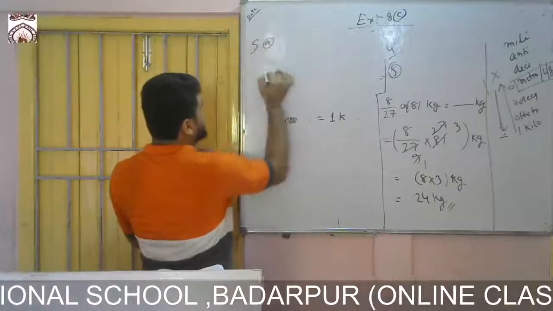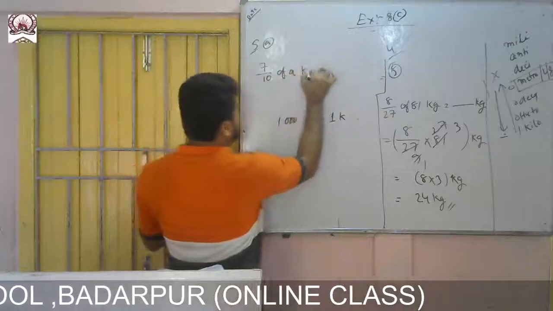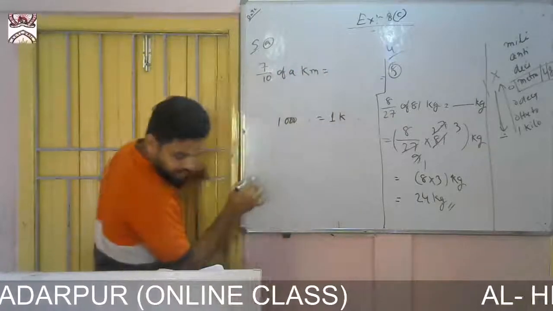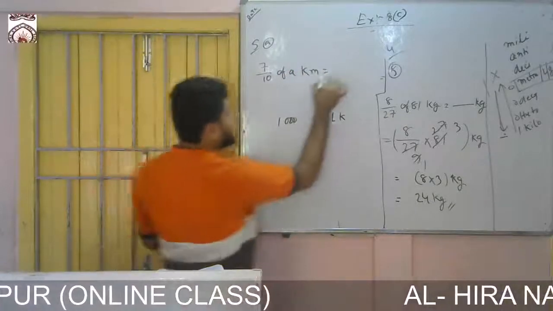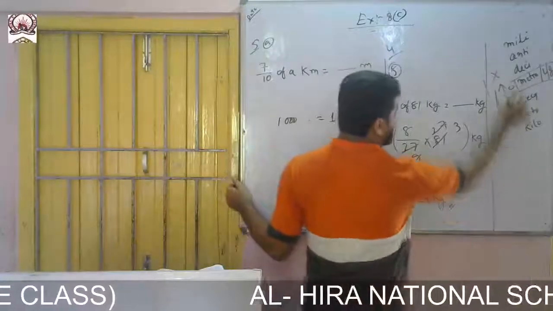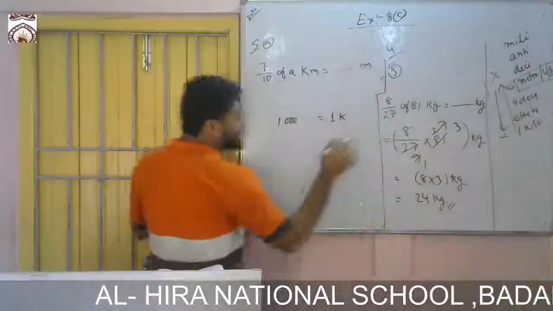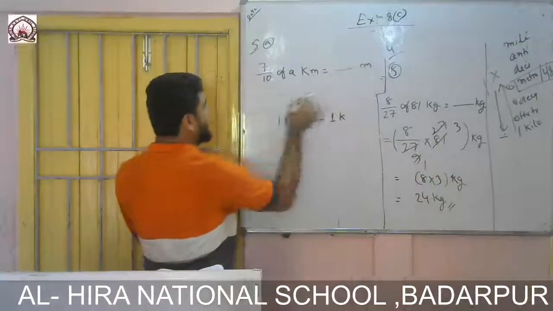Km means kilometer, to meter. So from kilometer to meter, so again 1000. Sorry, multiplication, from big to small, multiply.